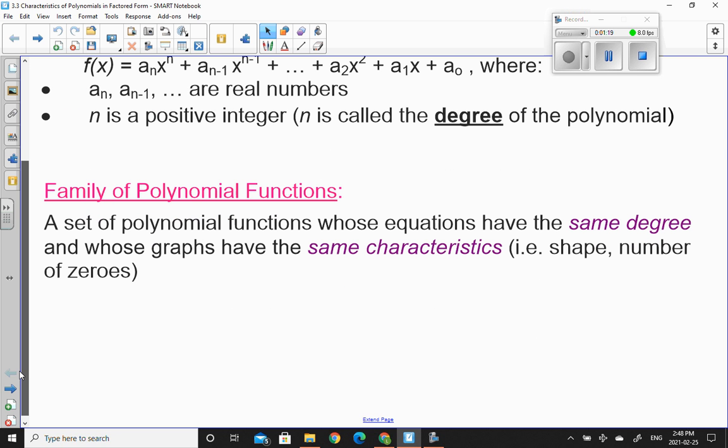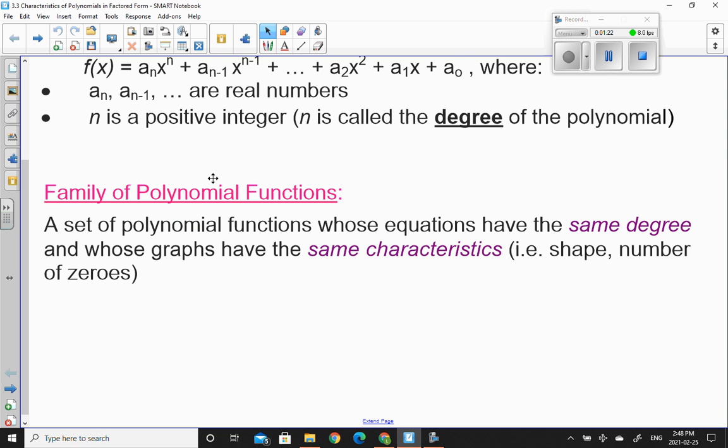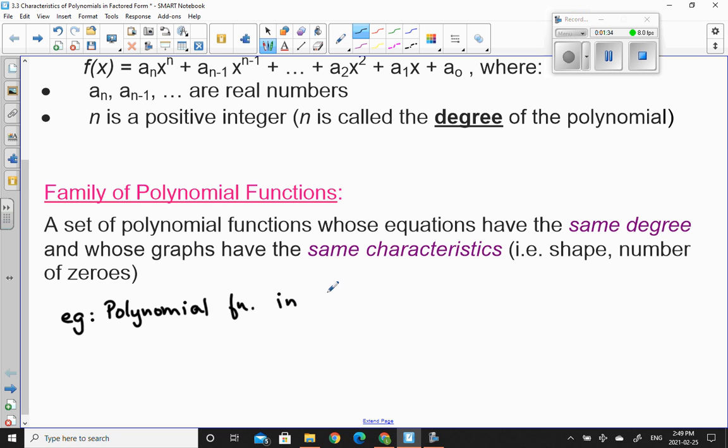So for example, if I gave you a polynomial function in factored form. Okay, so I'm just going to make one up here.